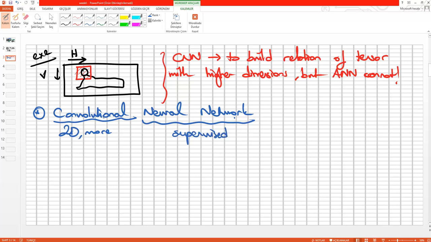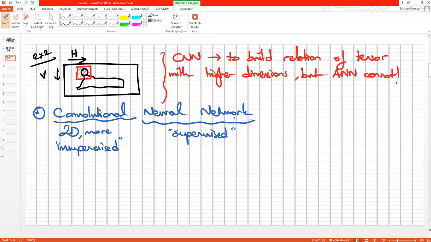But is the convolution an unsupervised way or a supervised way? This is built as semi-supervised learning in each phase. But in our application, we also train the convolution layer. Okay?